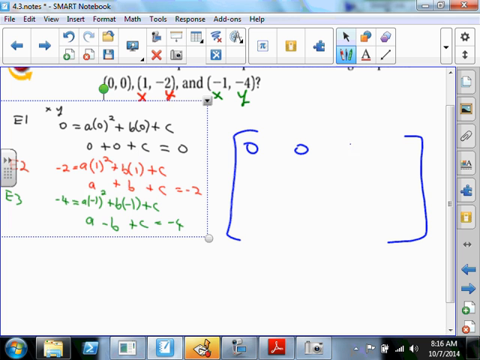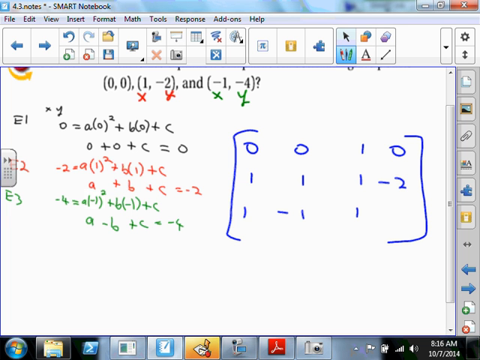Oh, oh, 1, 0. That one kind of looks funky. There we go. And then our matrix is, the next one's going to be 1, 1, 1, -2, and then 1, -1, 1, and -4. How are we doing so far, okay?